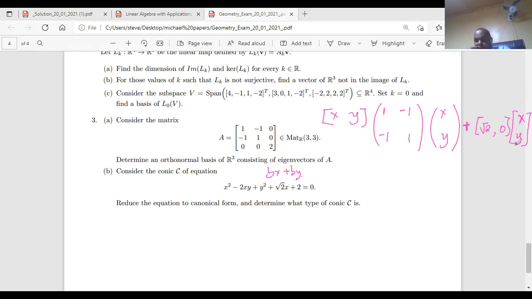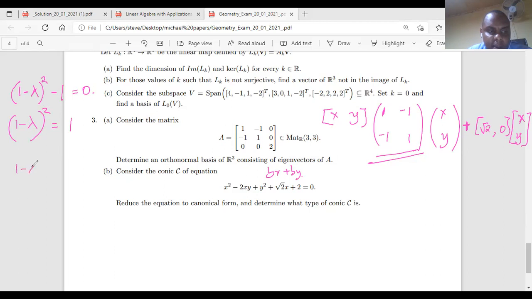And then we can diagonalize this matrix. So we need to find its eigenvectors. We would do (1 minus lambda) squared minus 1 equals 0. And so (1 minus lambda) squared equals 1.